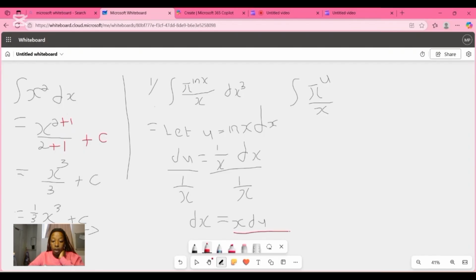Instead of writing dx, we're going to write x du since we calculated our dx.